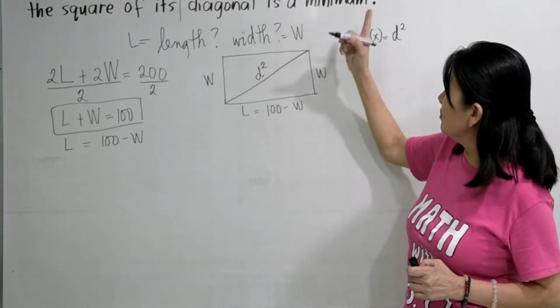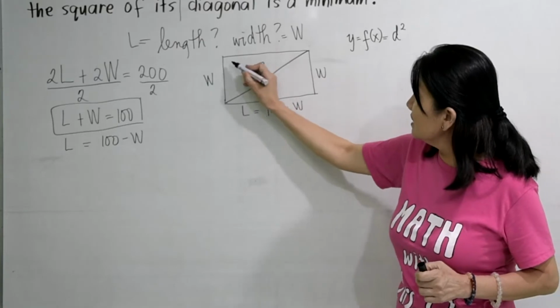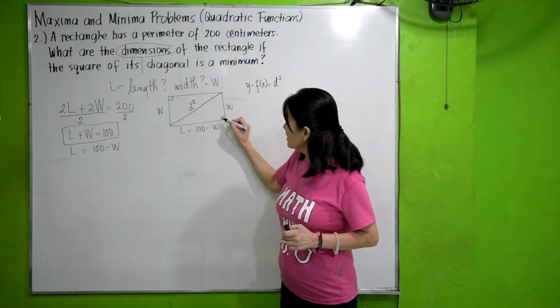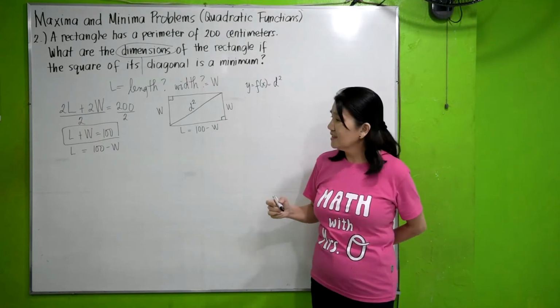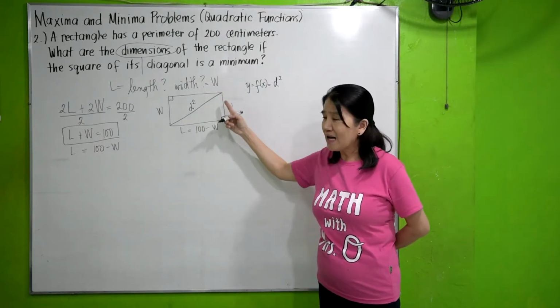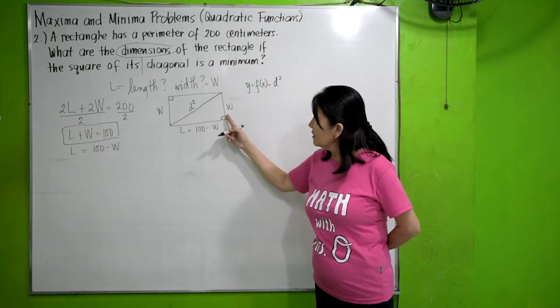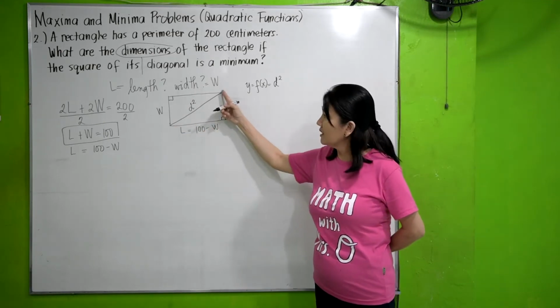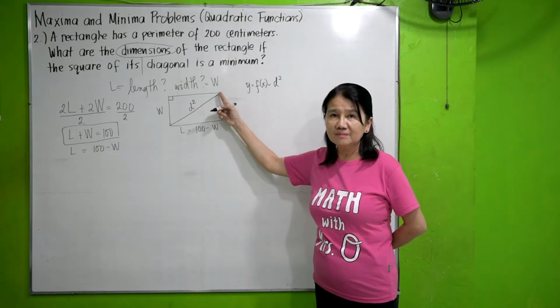is a minimum. Since this is a rectangle, you know that this is 90 degrees and this is 90 degrees, and you now have here a right triangle. So you can apply the Pythagorean Theorem here.